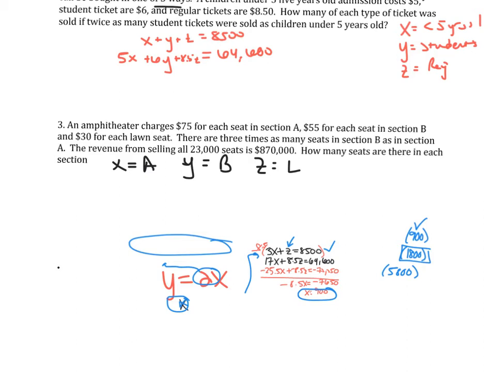Okay, so then there are 3 times as many seats in section B as section A. So 3 times as many in section B as section A. The revenue, 3 times as many.